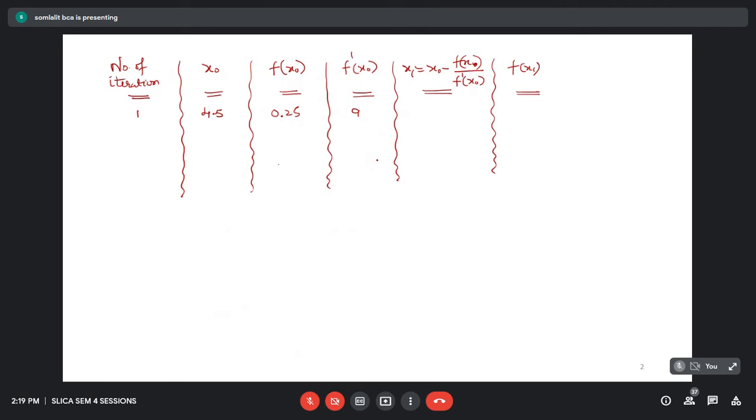Okay. Now you put the values in this expression. So you have x0. Your x0 is 4.5 minus, inside the bracket you need to write f of x0, which is 0.25, divided by f dash x0, which is 9. Close the bracket. So what are you getting?